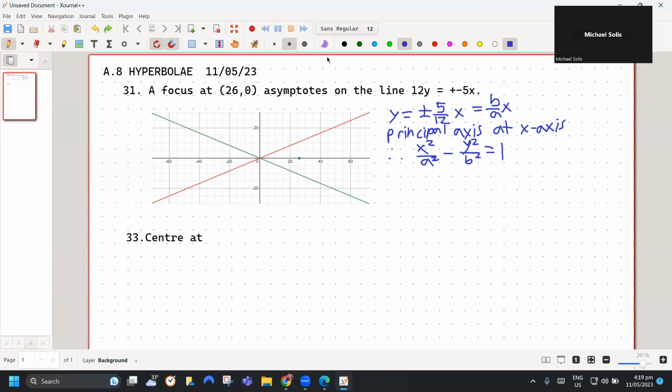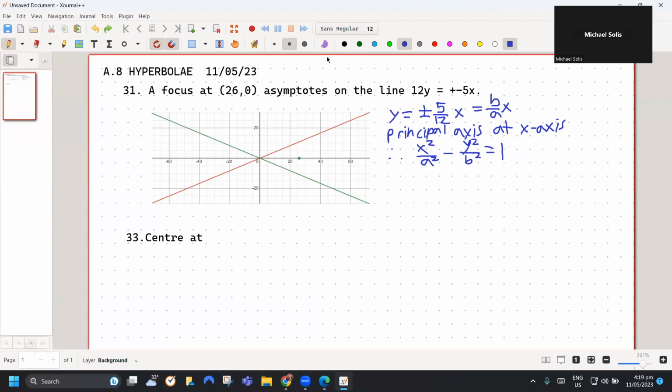Okay, so 12 square plus 5 square, so 12 square plus 5 square is 169.